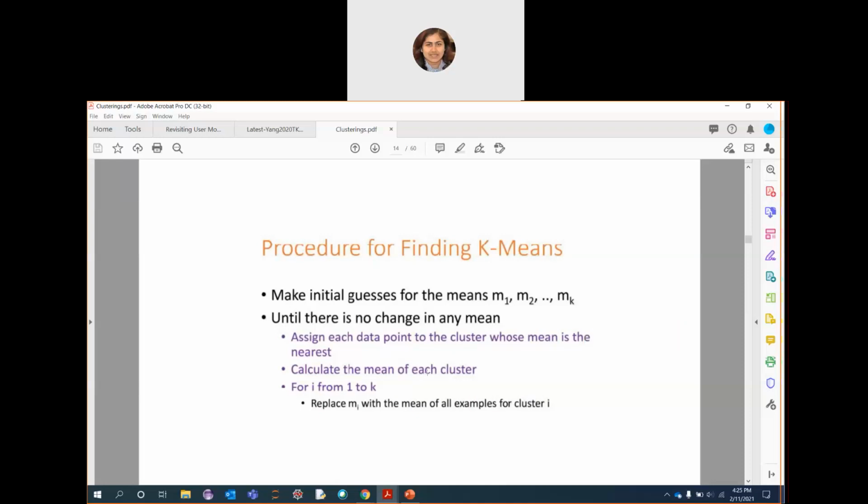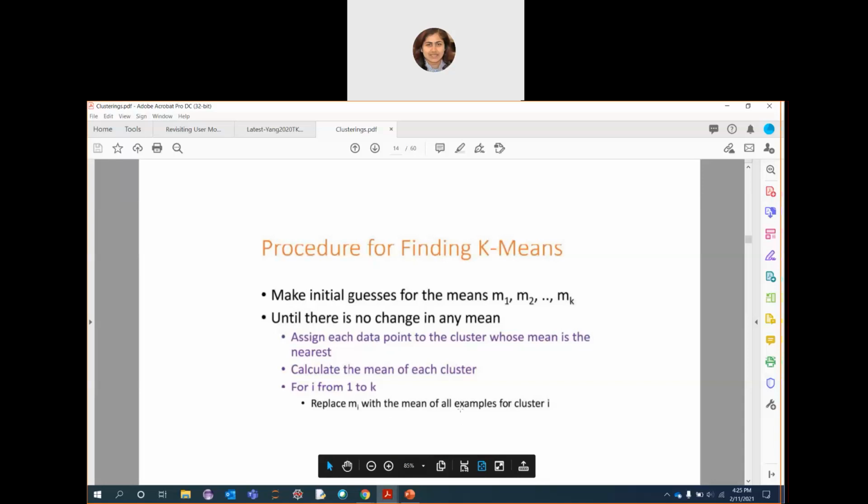You will do this again and again until there is no change in any mean. So for i from 1 to k, for each cluster you need to replace the mi with the mean of all examples of cluster i. So in each step you need to find the distances between the data point and the cluster centroid, that is the mean, and from there you need to again find the mean.